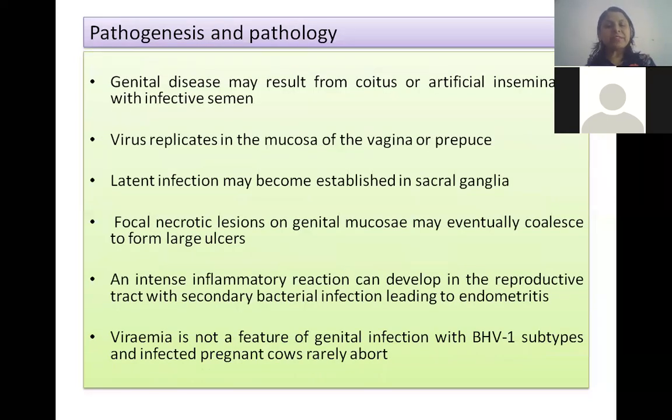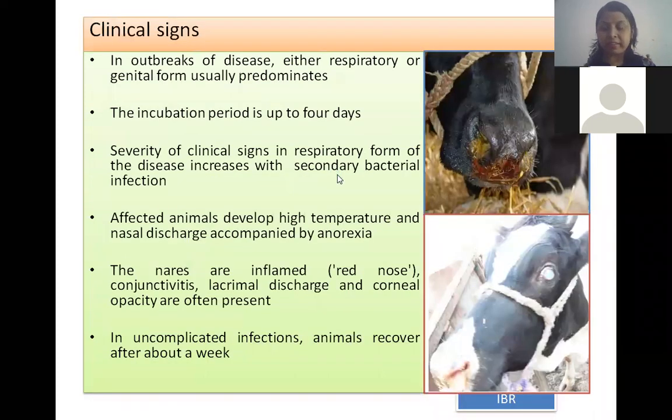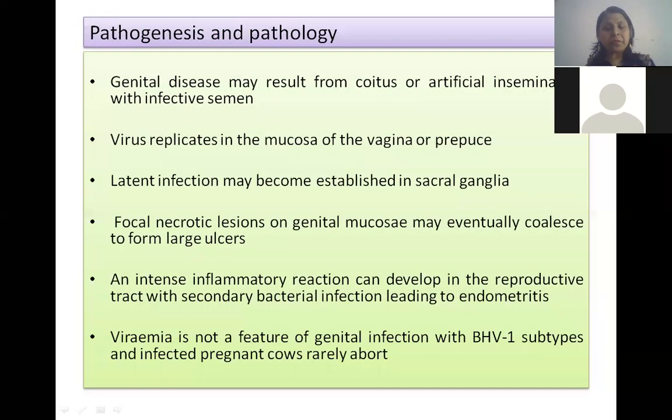Coming to genital infection, it may occur through coitus or contaminated semen from artificial insemination. The virus replicates in the mucosa of the vagina or the prepuce, and then latent infection becomes established in the sacral ganglia, or it causes focal necrotic lesions on the genital mucosa, which coalesce and form large ulcers, and inflammatory reactions occur there.